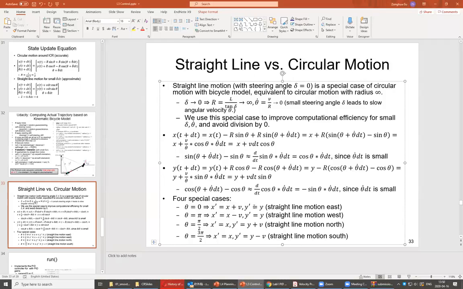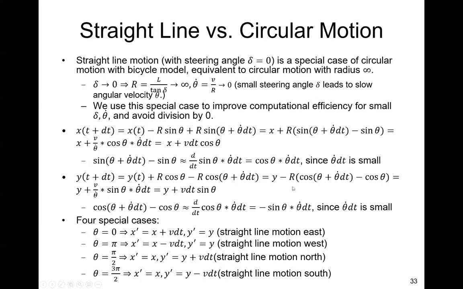Sorry, missed the dt here. And then if theta is pi, you are moving west. If theta is pi over 2, you're moving north. So by plugging in the equations.